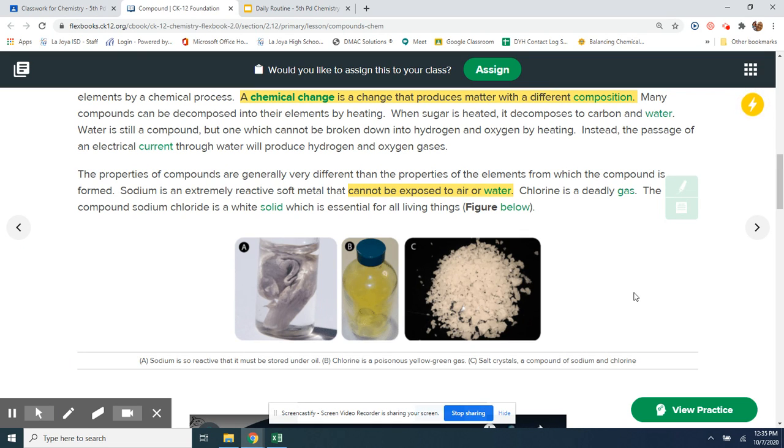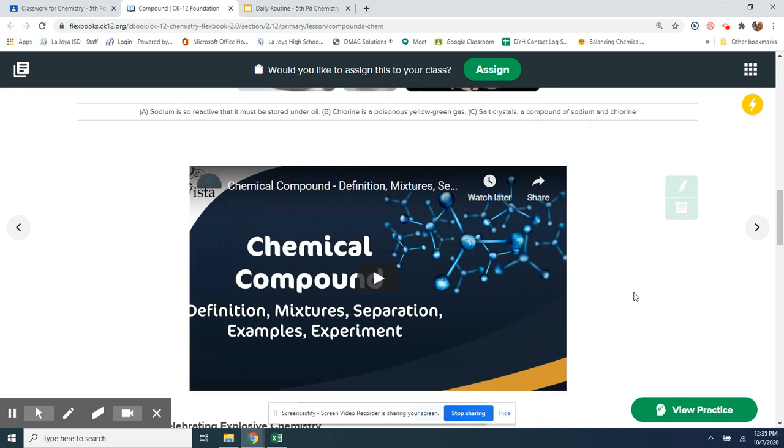We sprinkle it on our food. It's not deadly anymore. Is sodium reactive still? No. Those two properties have gone away once they have bonded together. I hope you understand that.